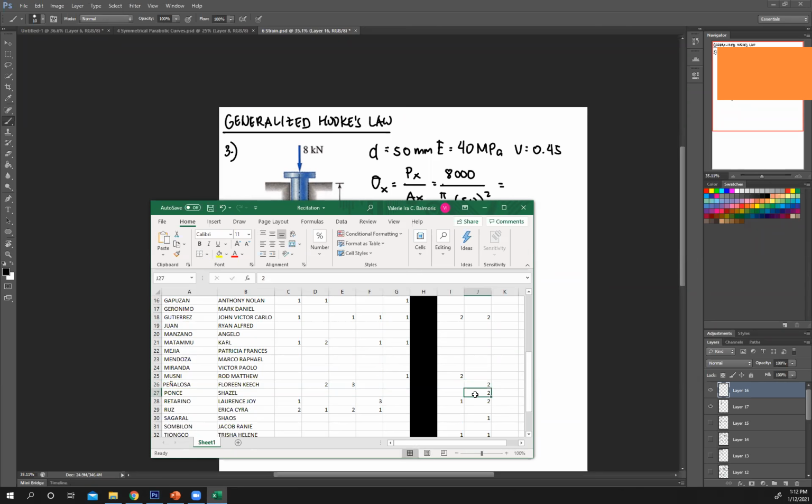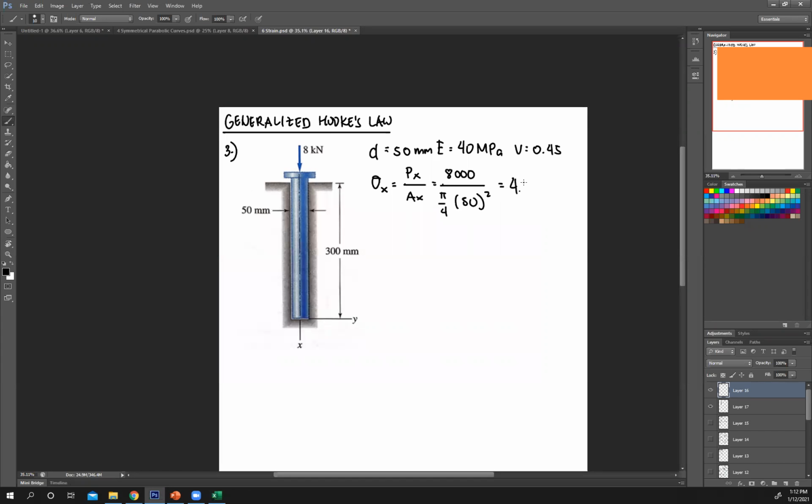It's 2 points only, right? So yes, 4.07 MPa. And since it's towards the object, the stress is in compression. Okay. Next, looking for stress along the y.